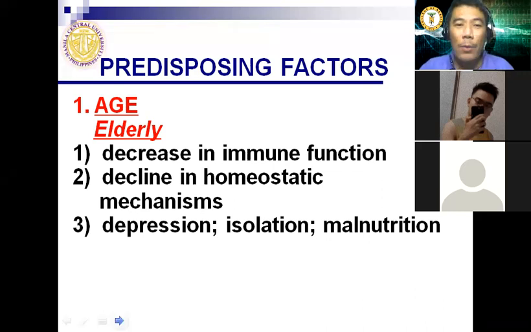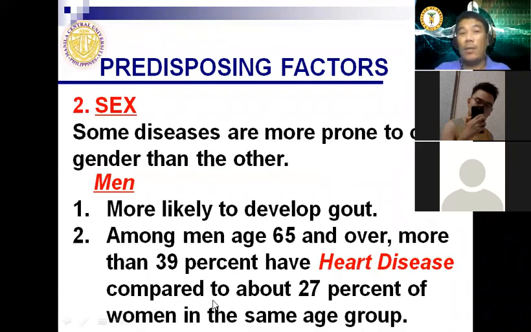Next po, let us now proceed with the sex or gender. There are some genders that could be prone to a specific disease or disorder based on scientific findings. Do you know that males are more likely to develop gout?